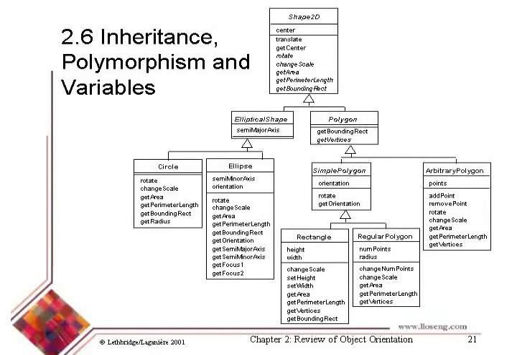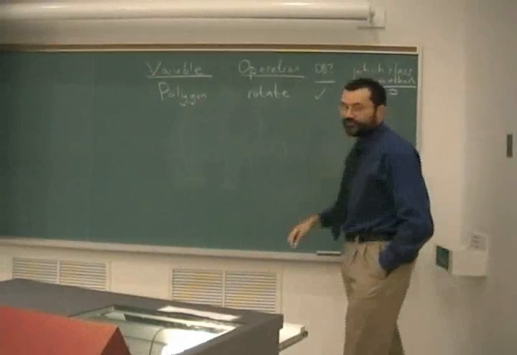So if I have a variable polygon and I call rotate on it, dynamic binding will be needed because I don't know which of these will end up running. If I have a rectangle or regular polygon, it'll be the simple polygon one. If I have an arbitrary polygon, it'll be the arbitrary polygon one. And so which class has the method in this case? It's going to be simple polygon. I'm just going to abbreviate simple polygon and arbitrary polygon. So dynamic binding will choose between the methods in those two classes.